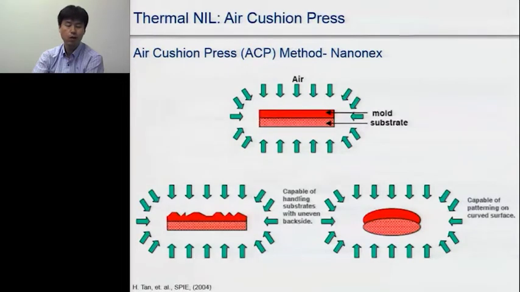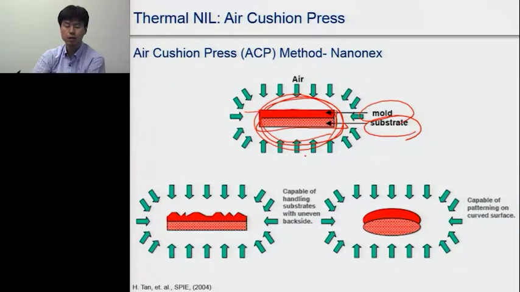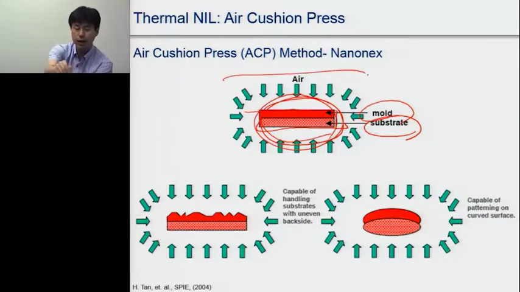So people developed another way, which is air cushion pressure. People just put the resist coated substrate and the master mold in a plastic bag, and then apply pressure to this entire structure by air.